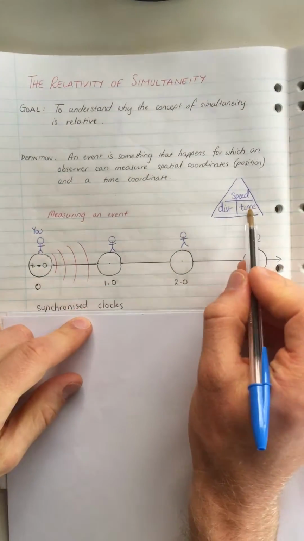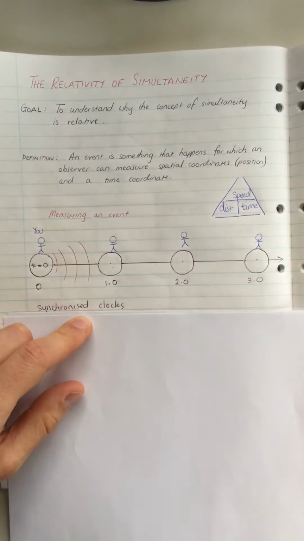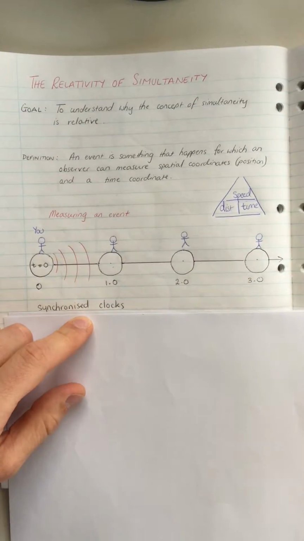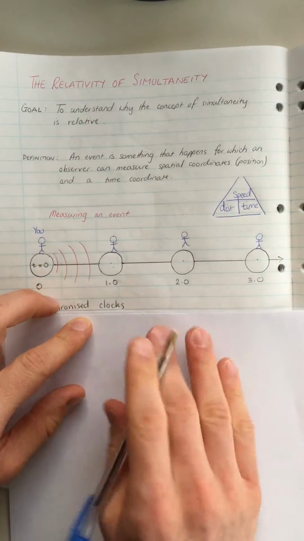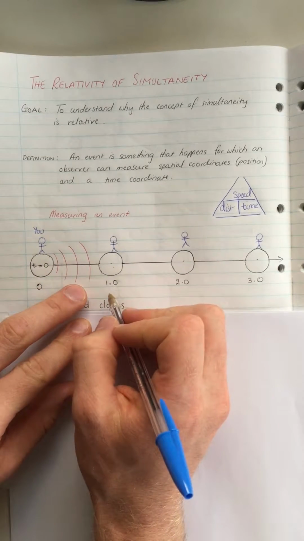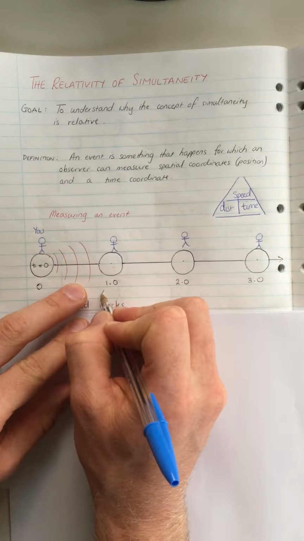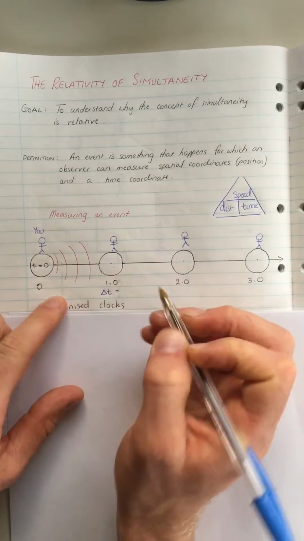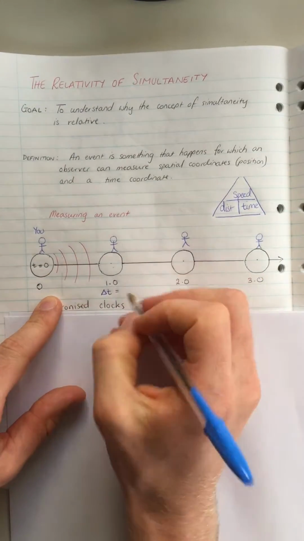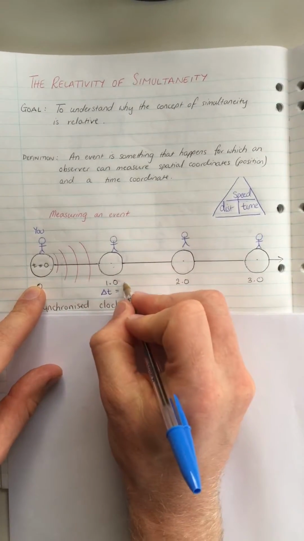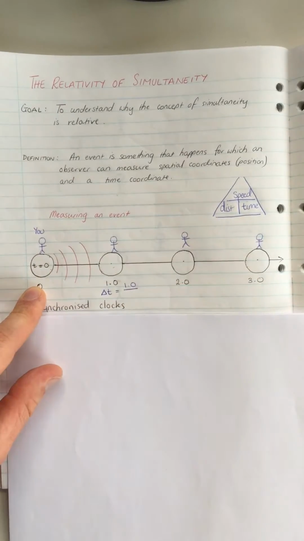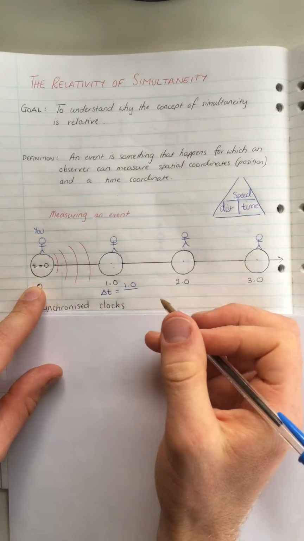So to be able to know what the time should be at this clock when the flash of light reaches this person, they need to do a calculation which looks like this. The time that's passed is going to be the distance that they know the light has travelled, which is 1 metre, divided by the speed of the light.